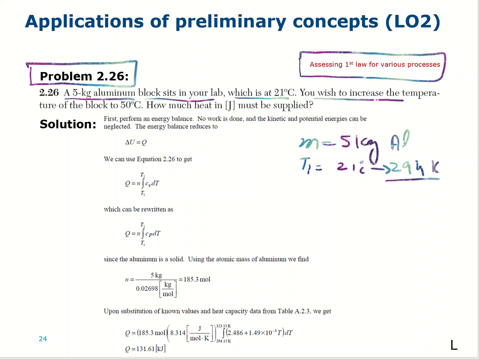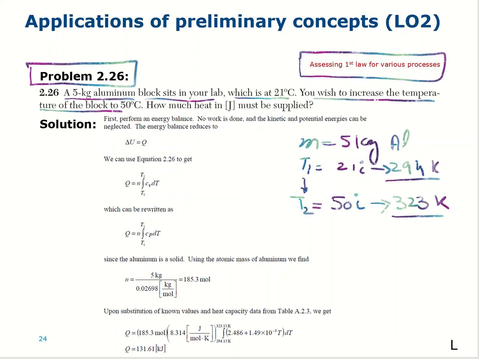Now you wish to increase the temperature of the block to 50 degrees Celsius, meaning it's heating, right? So now you want to raise the temperature of this block from T1 to T2, which is 50 degrees Celsius. If we convert that into Kelvin, that becomes 323 Kelvin.